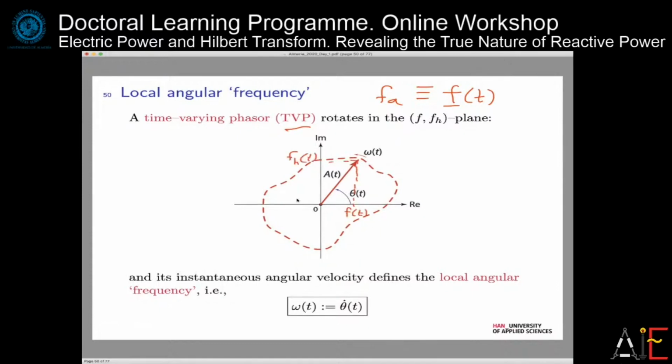Just the same as in the classical sinusoidal phasor case. If I project from the real part, I get the cosine, and if I project from the imaginary part, I get the sine. Okay, so this is now the picture you have.